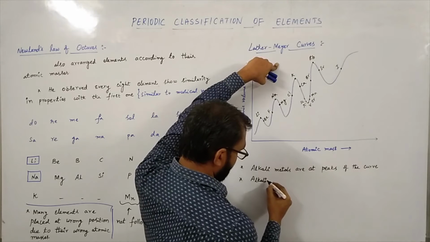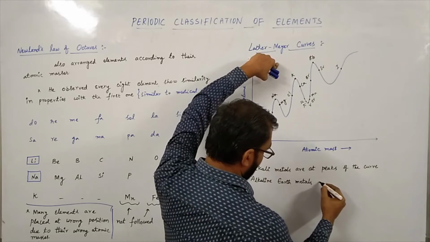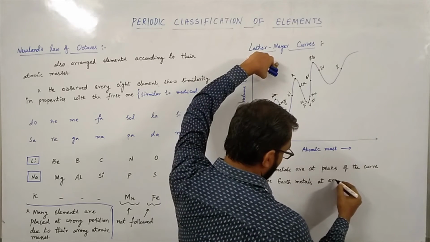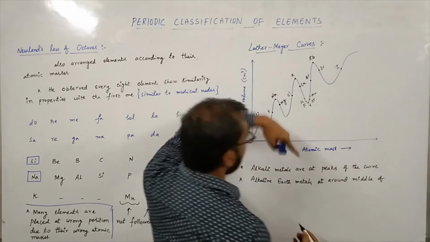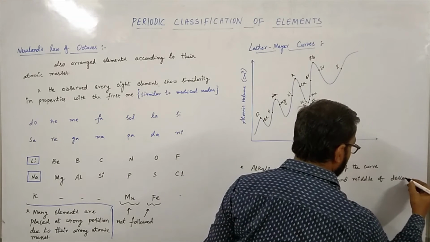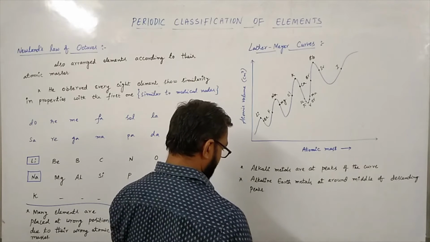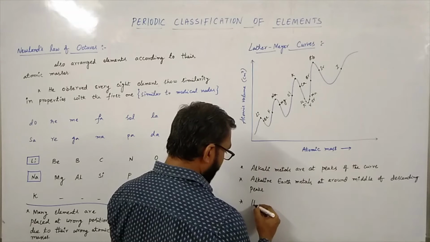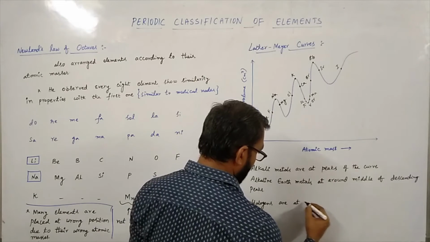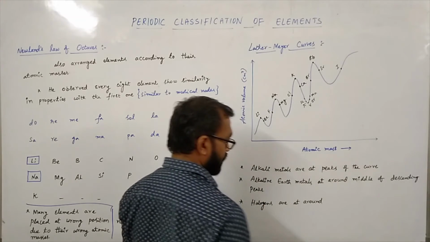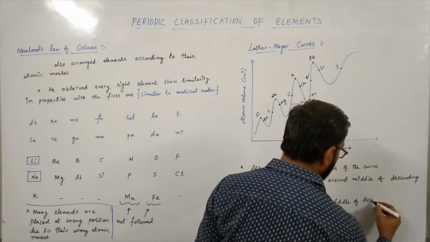Alkaline earth metals are at around the middle of descending peaks. Halogens are at around the middle of ascending peaks.